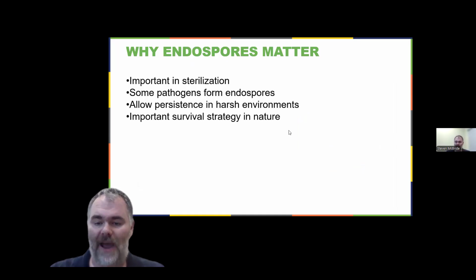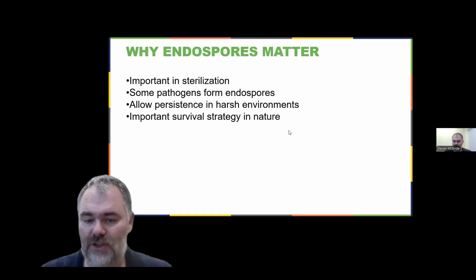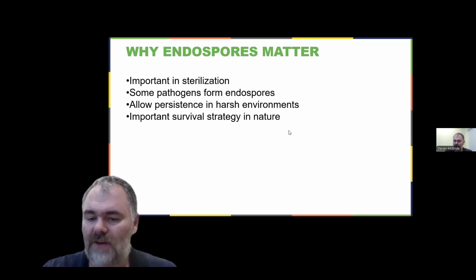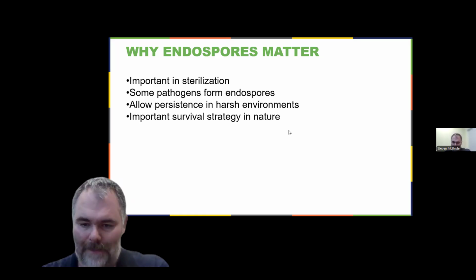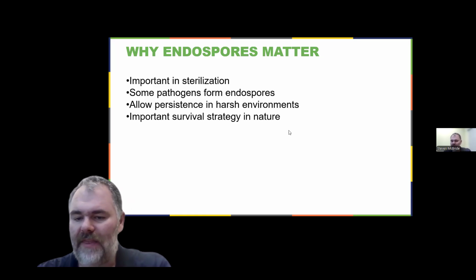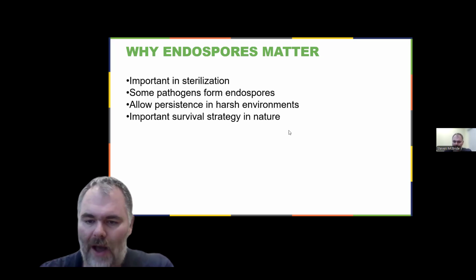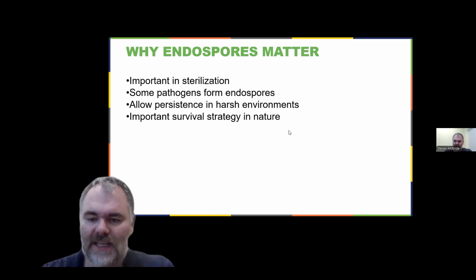Some medically important pathogens also produce endospores. Species of Bacillus and Clostridium can form highly resistant spores that survive in soils, surfaces, or medical environments until conditions allow them to germinate. Endospores also play major ecological roles in nature. They allow bacteria to persist through drought, nutrient limitation, heat stress, and other harsh environmental conditions that would kill many other microorganisms.